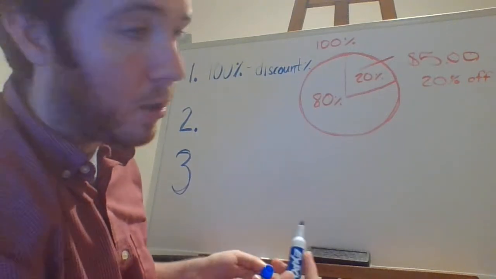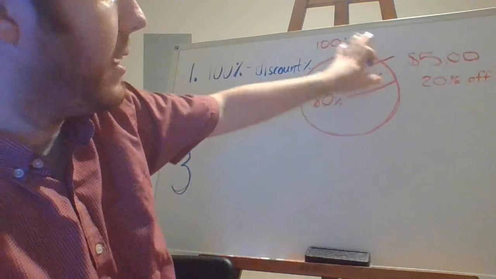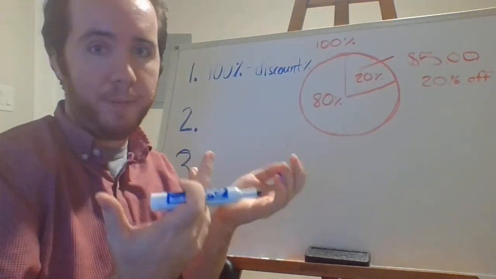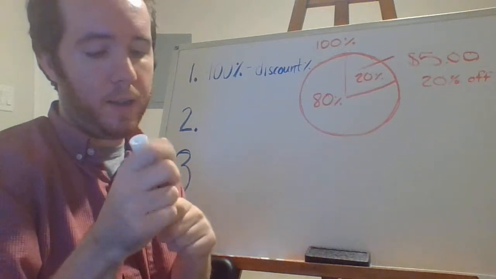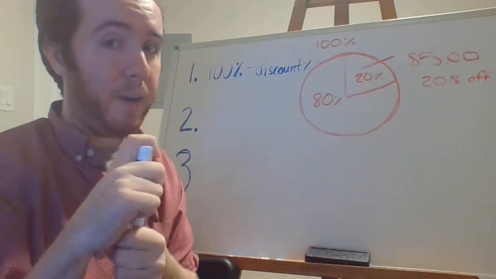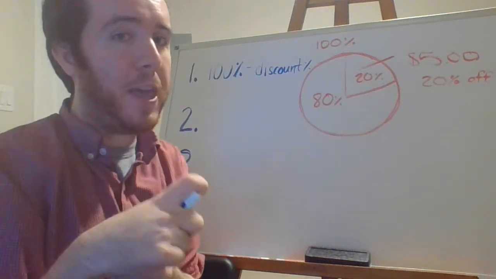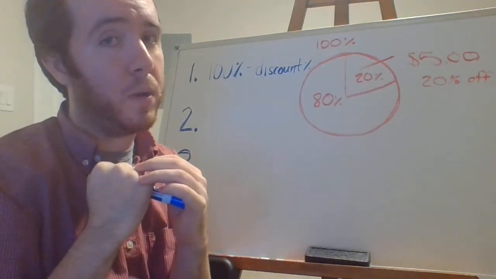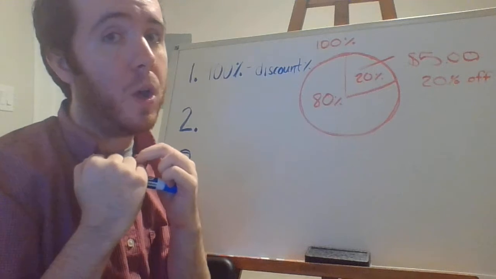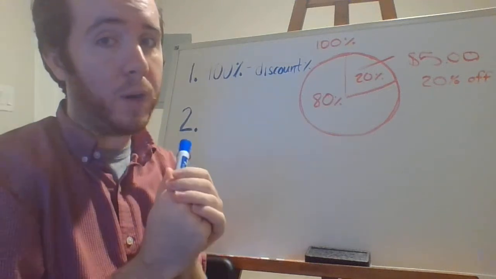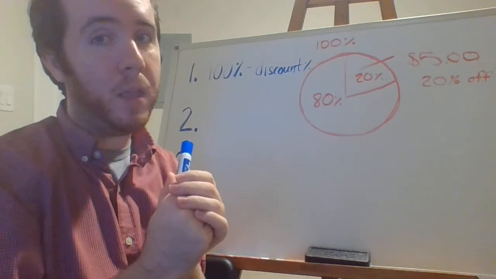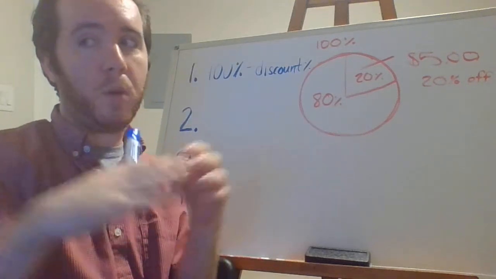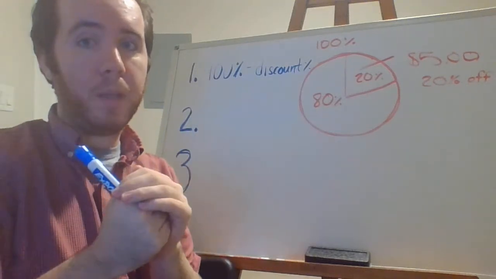Now, percentages are good for visualizing things like this, for imagining a part of 100, right? You'll see them a lot in data and graphs and charts. But the thing about percentages is they're not super easy to work with in terms of calculations or arithmetic, or working with any other numbers, right? Because we're not going to multiply by 80 or 20, that'll blow our number up real big, right?